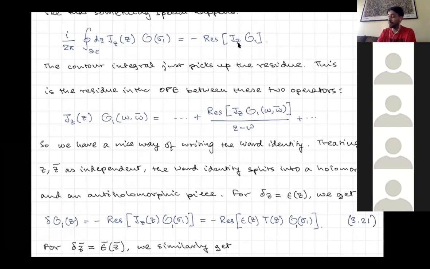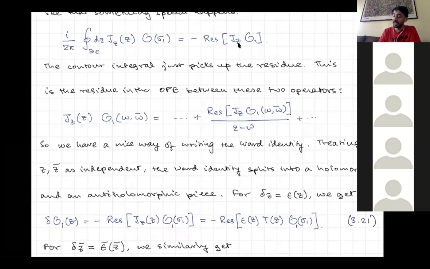I called this sigma 1, but that's fine. It is going to be the coefficient of the 1 over (z minus sigma 1) piece of the OPE between j and O1.